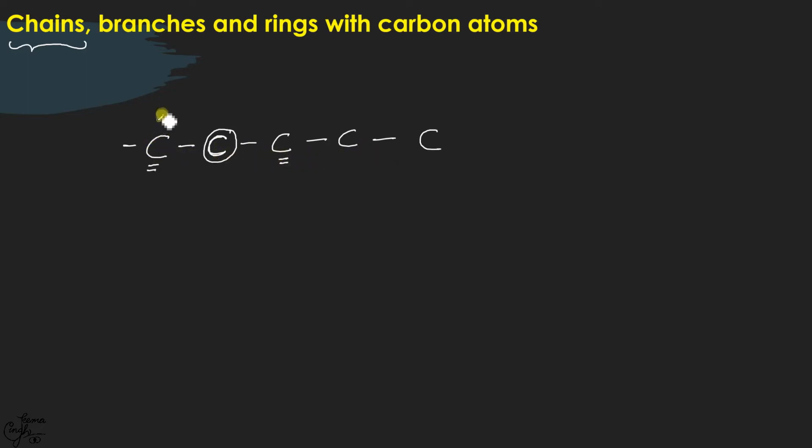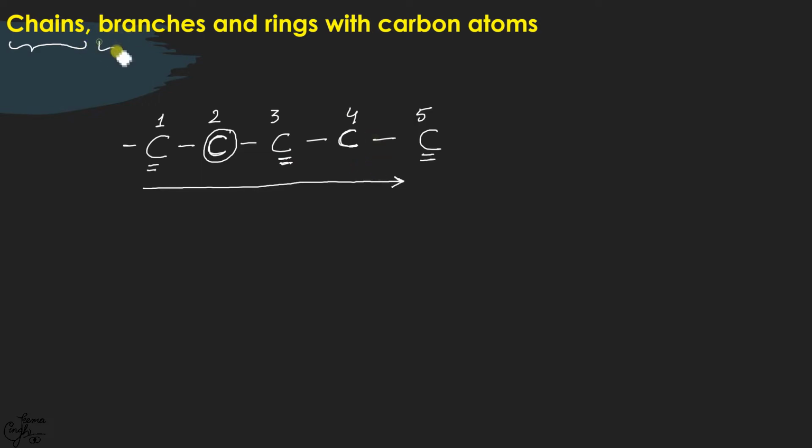If I number them 1, 2, 3, 4, 5, and I'm following a path, I'm just going in a straight line. There's just one route. There are no bifurcations. I'm not finding two paths to move around. So if a carbon is bonded to two more carbon atoms, not more than two, that means it is arranged in a chain.